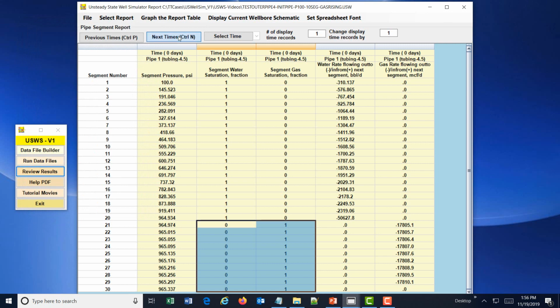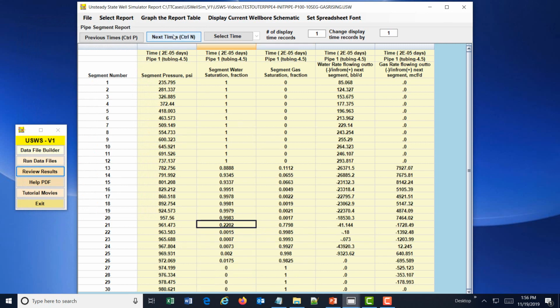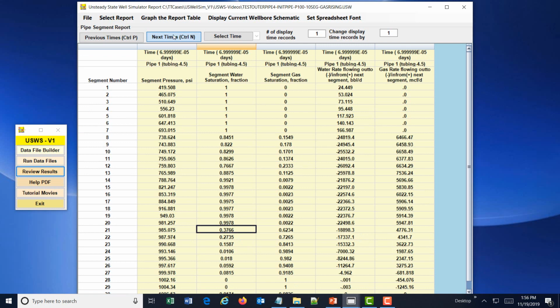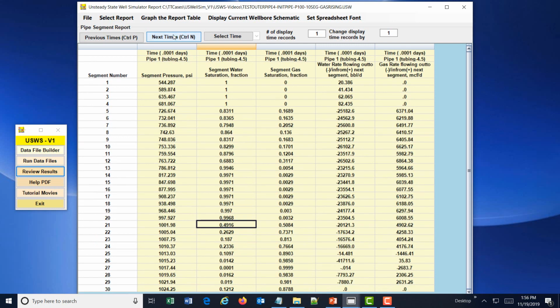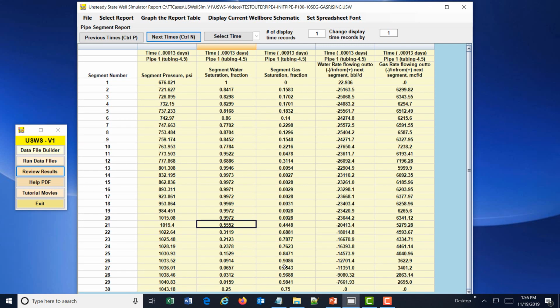You can see this again with the tables and numbers. We can see the gas saturation and the water saturation, and you can see the rates of fluids, negative flowing downwards, positive flowing upwards in the same pipe.